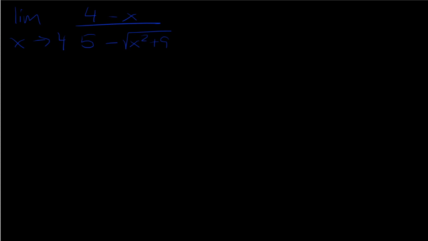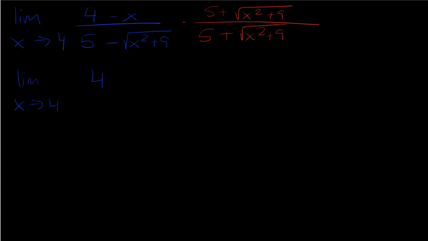If I plug in 4, I get 0 over 0. So I'm just going to multiply the top and the bottom by the conjugate, so it'll be 5 plus the square root of x squared plus 9. At the top, I'm just going to leave it as is. I'm not going to distribute. So it's going to be 4 minus x, and then 5 plus the square root of x squared plus 9.